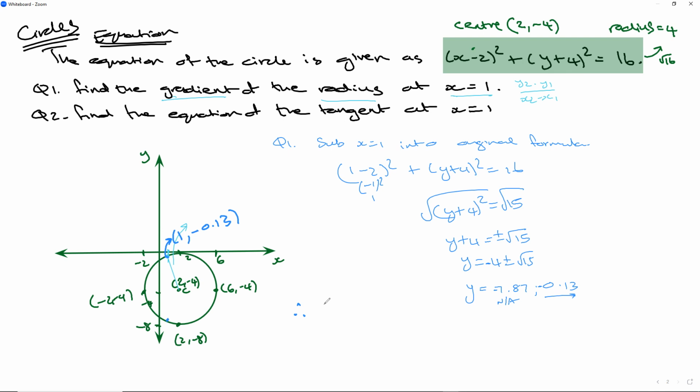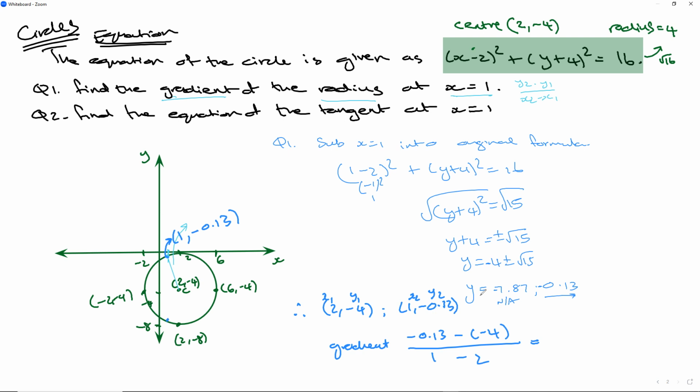So therefore, using the center, 2 and negative 4, and 1 and negative 0.13, I can find the gradient by using the formula y2 minus y1 over x2 minus x1. So negative 0.13 minus negative 4 over 1 minus 2, like that. It looks like it's going to be a negative number as well.